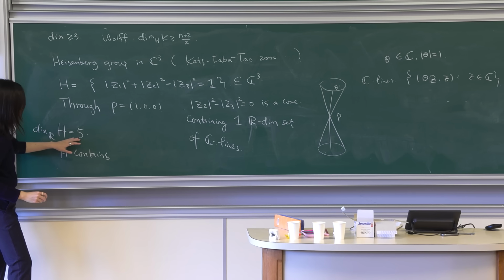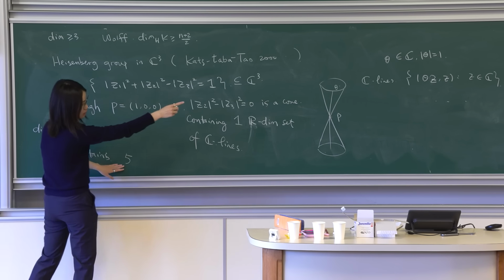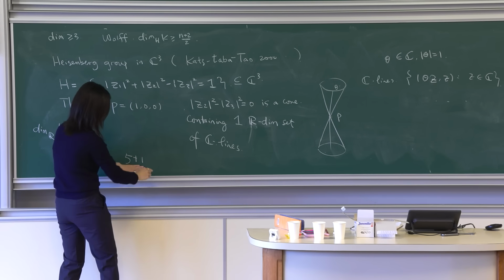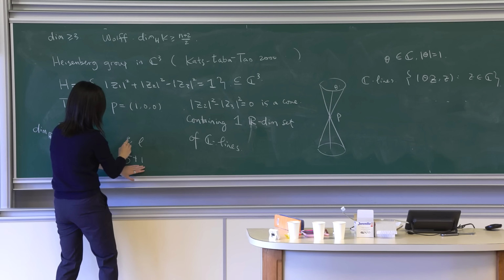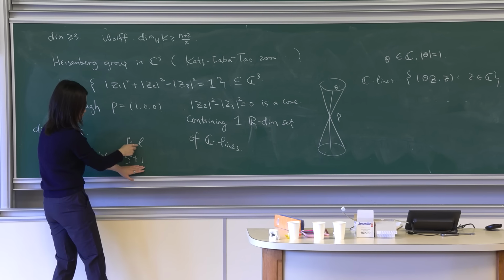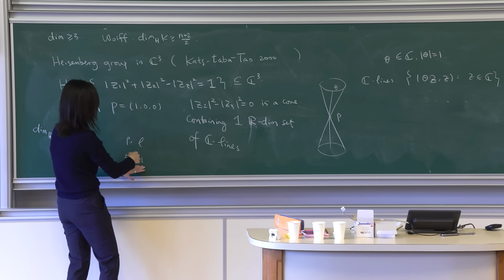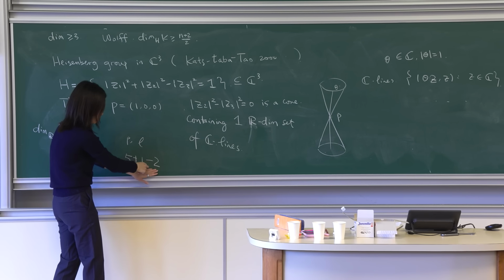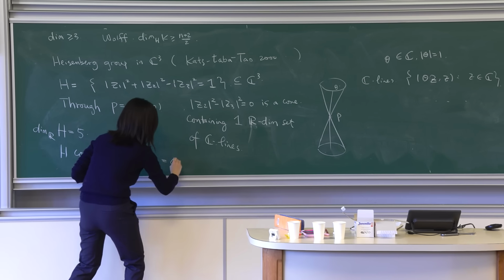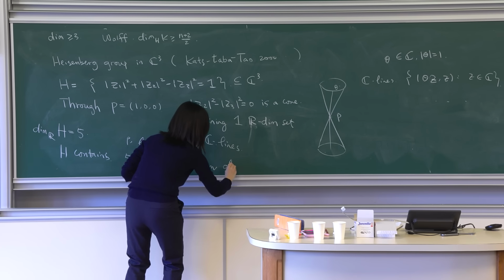Since it has a 5-dimensional set of points, and each point contains a one-dimensional set of complex lines, this is the number of incidences. The dimension of incidence is P contained in a complex line L. Each complex line contains a 2 real dimensional set of points, so we overcount the complex lines by 2 dimensions. This gives us a 4-dimensional set of complex lines.